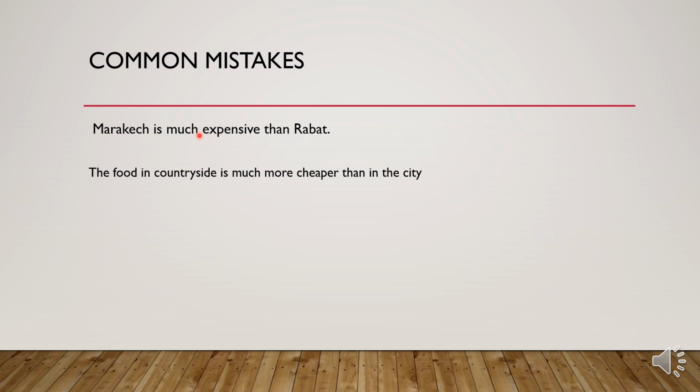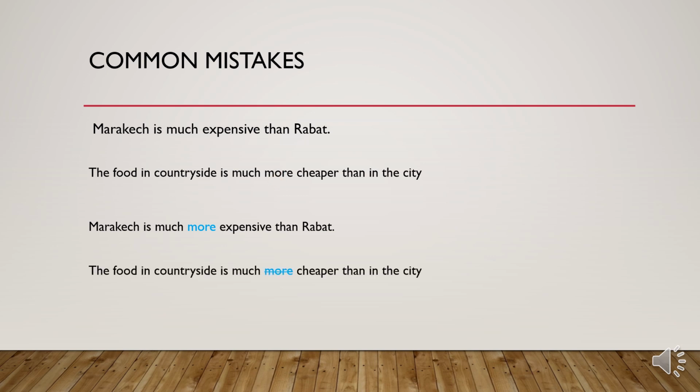So we have to add here more, and it would be Marrakesh is much more expensive than Rabat. For the second one, cheaper, it's a short adjective, so there's no need to add more, and the answer would be the food in countryside is much cheaper than in the city.